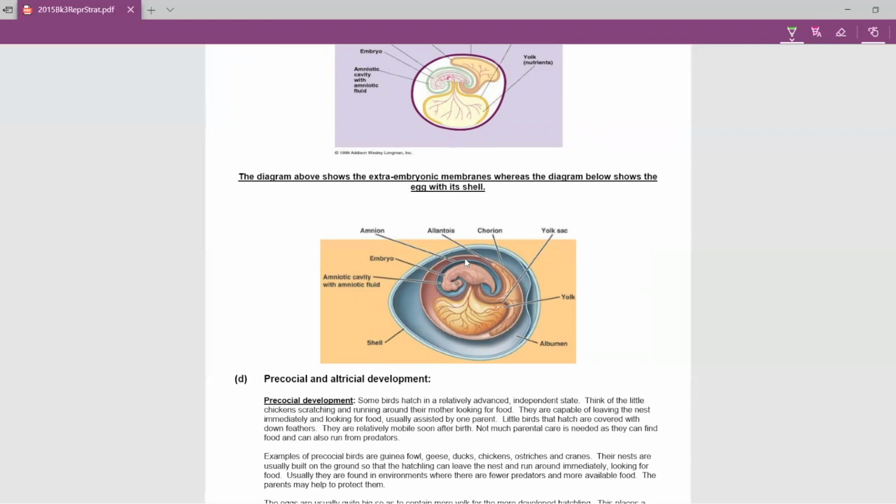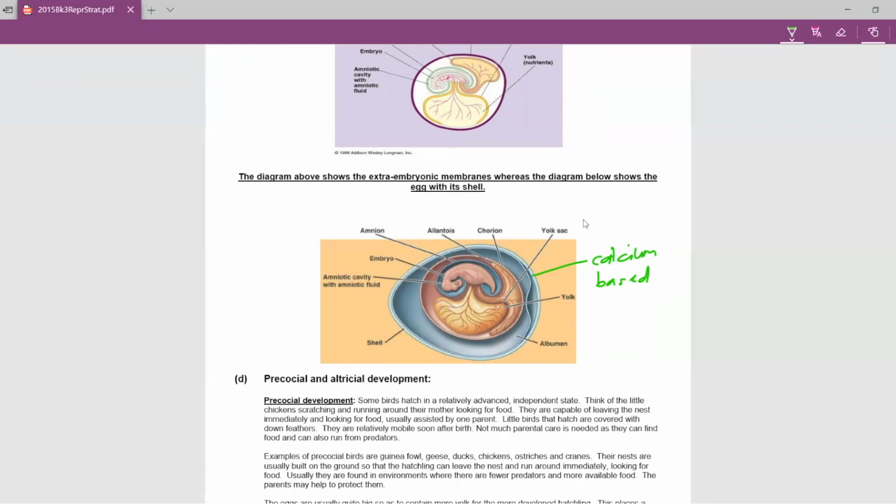So you must know the adaptations of the amniotic egg. The amniotic egg has a shell that is made up of calcium. So it's a calcium-based shell. Calcium is hard, and it's a hard shell to protect the development of the embryo.